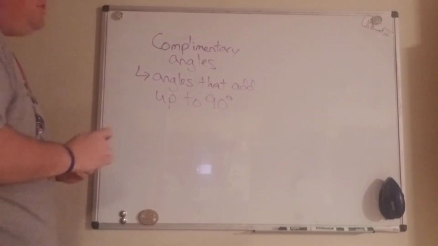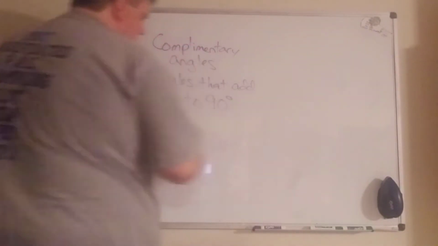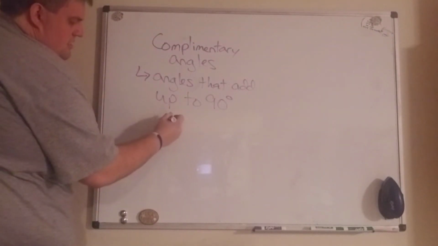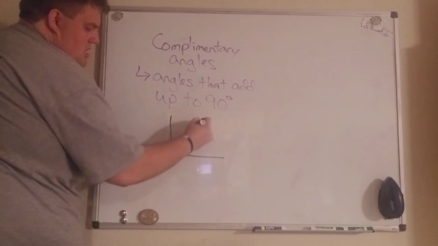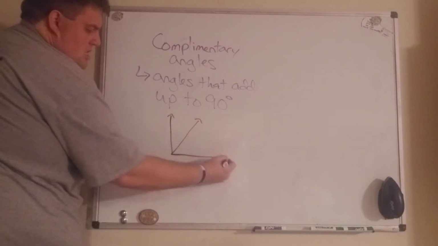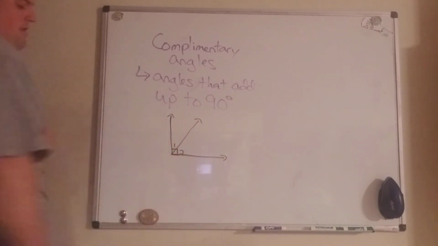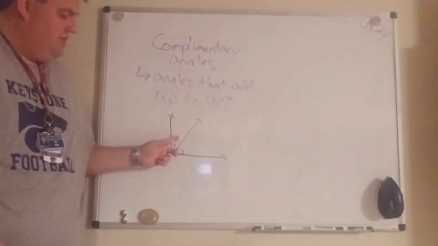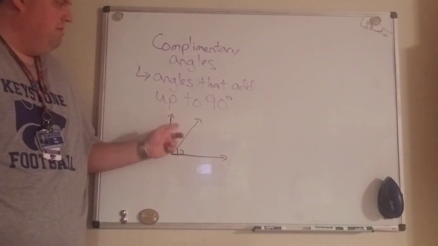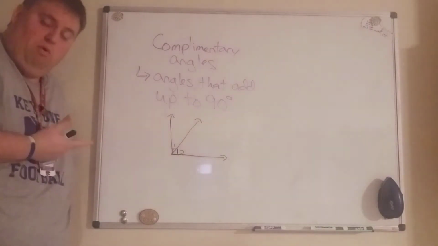All right, so if I had two angles and I make a right angle, something maybe like this. Angle 1 and angle 2 in here. If it has that little square, that's how we know it's 90 degrees, right? So angle 1 and angle 2 are called complementary angles. So they're going to come together to form this right angle.